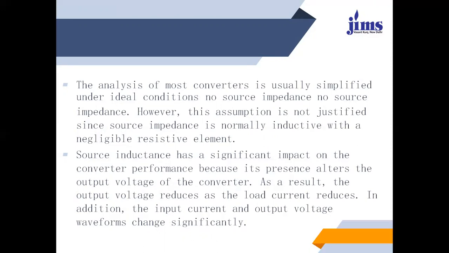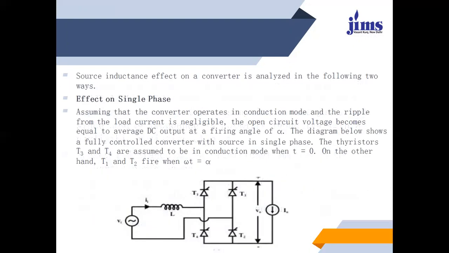Source inductance has a significant impact on converter performance because its presence alters the output voltage of the converter. As a result, the output voltage reduces as the load current increases. In addition, the input current and output voltage waveforms change significantly. The source inductance effect on a converter is analyzed in the following two ways.